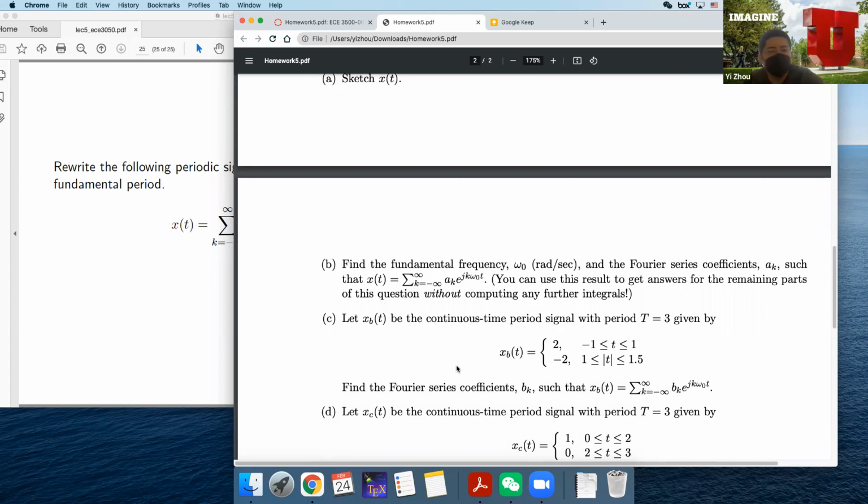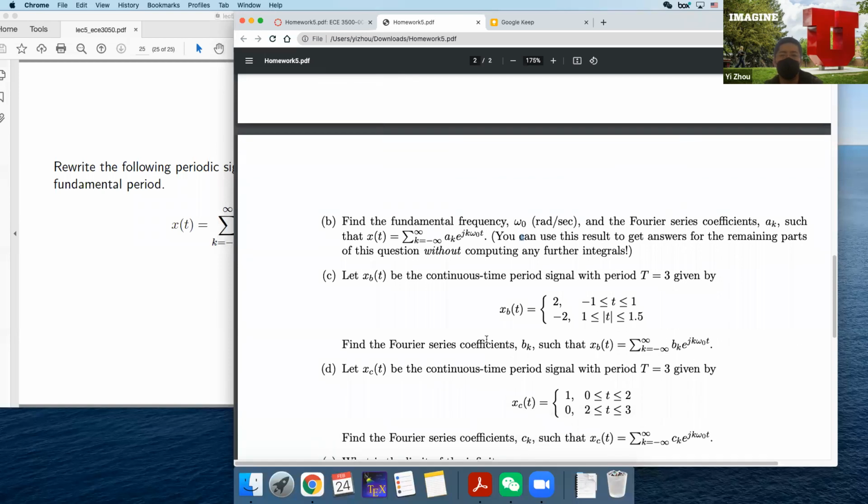Well, you can do that in the standard way by leveraging the formula of AK, but here I want you to follow the hint of part B. You can use the result of part B to get the answers for C and D.